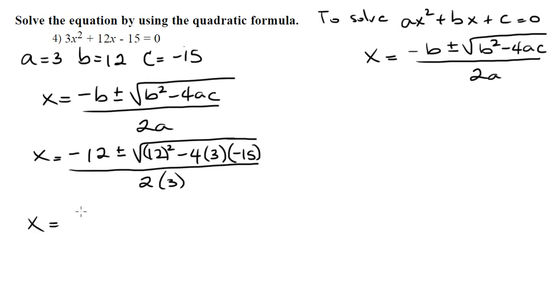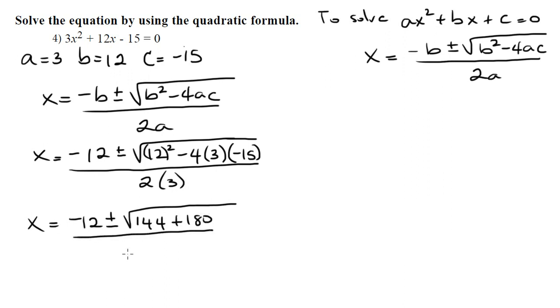So x equals negative 12 plus or minus the square root of 12 squared, that's 144. Let's see, 4 times 3 is 12, right? And 12 times 15, what does that give us? That's 180. So plus 180, all over 2 times 3, which is 6.